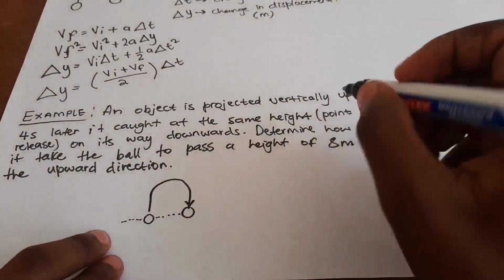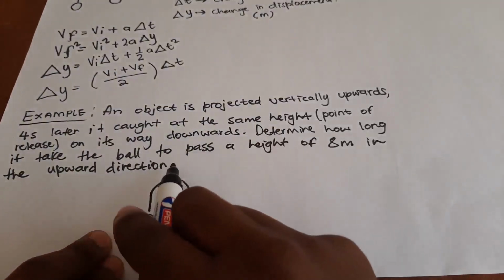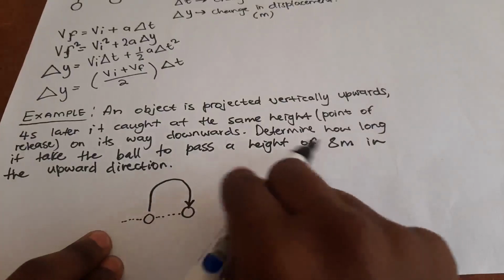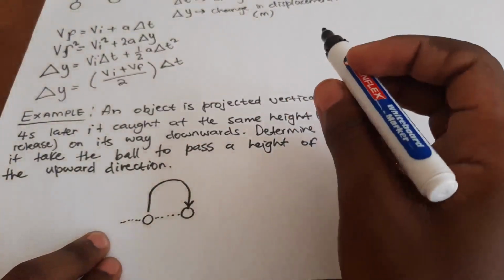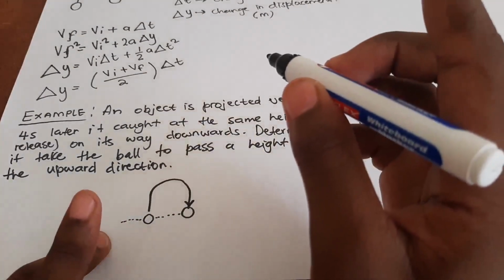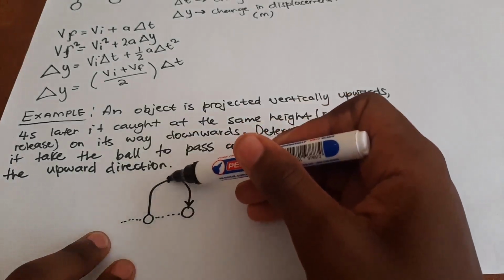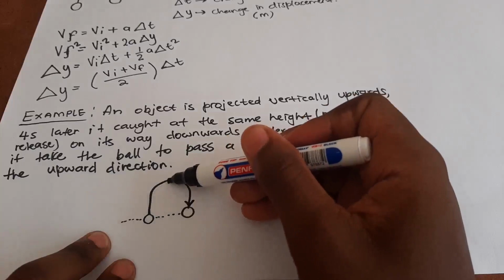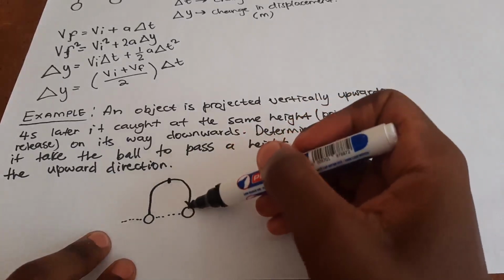So we have to determine how long it takes the ball to pass a height of 8 meters. Look, this is the same distance from this point to this point. The final velocity is 0 here, and from here to this point is the same distance.